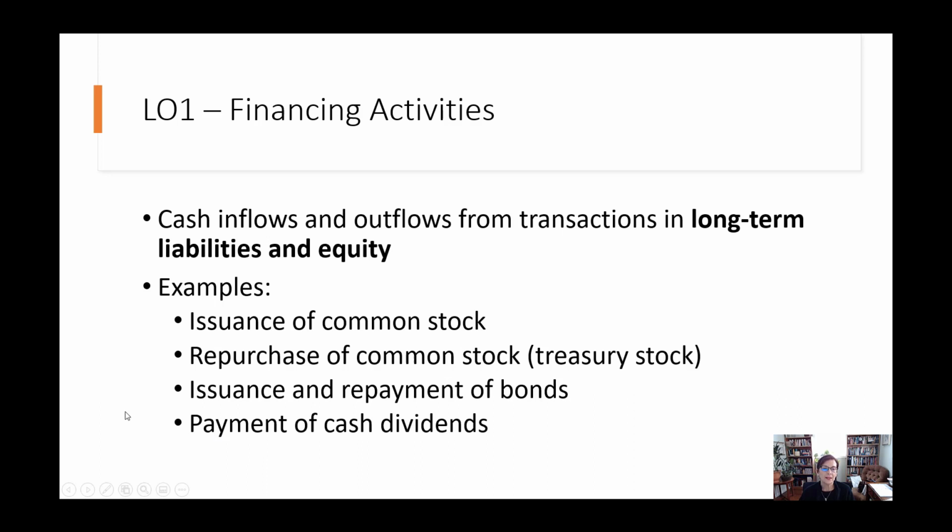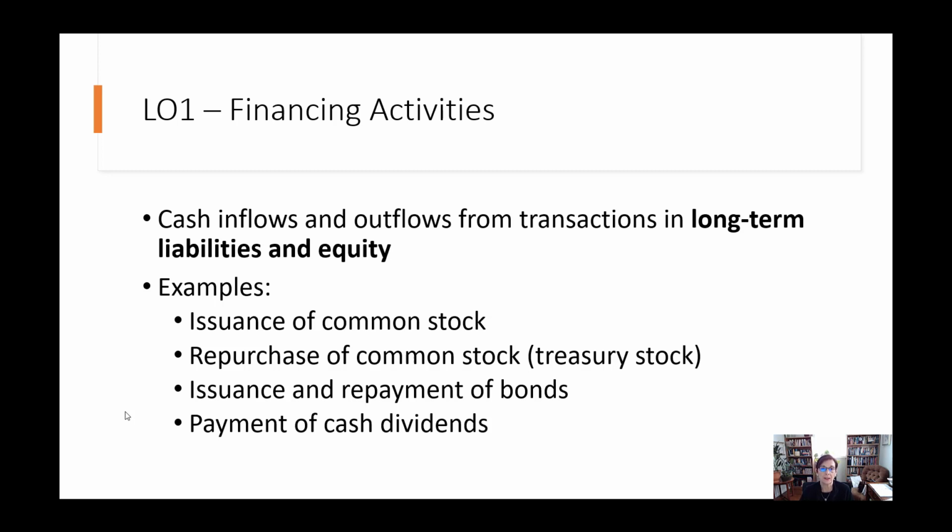Finally, we look at financing activities. Those are cash inflows and outflows from long-term liabilities and in equity accounts. So anything that affects long-term liabilities or equity would go in financing. Examples are issuance of common stock. Remember, when you issue stock, the stockholders give you money, so that makes your cash go up, right?